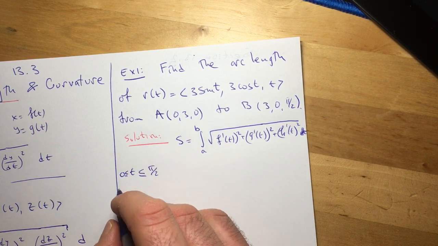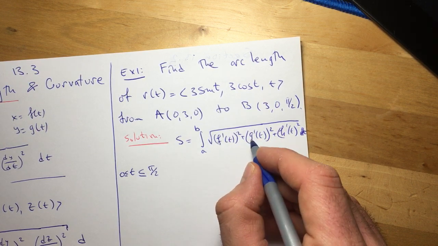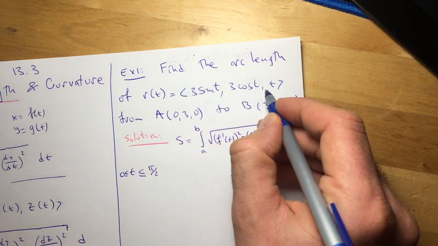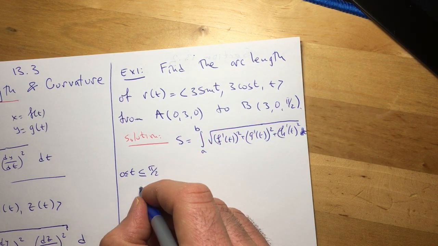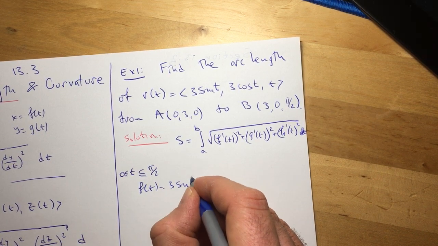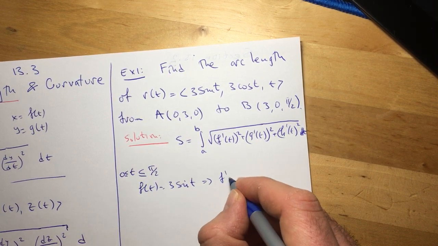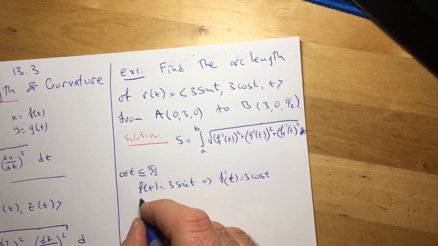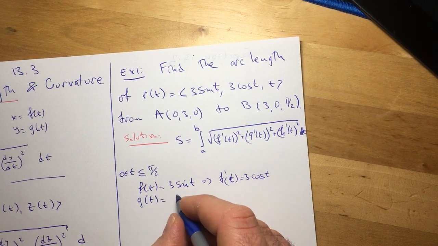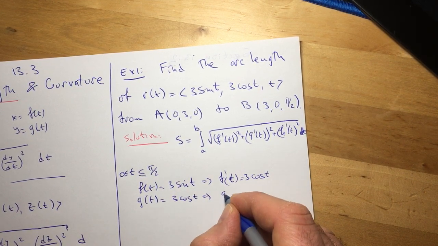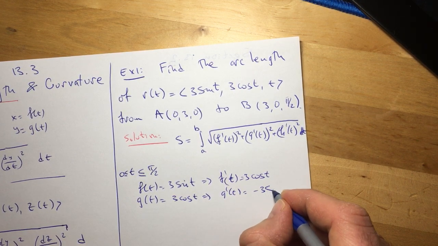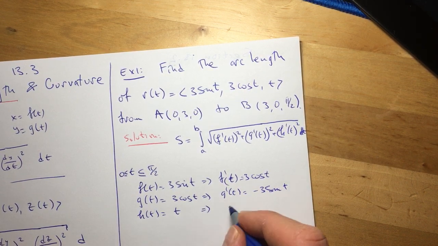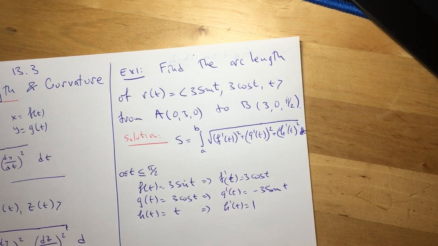Next thing I want to do is find f prime, g prime, and h prime, right? Those f, g, and h correspond to the components of the vector function. So f of t is equal to 3 sine of t, which means that f prime is equal to 3 times cosine of t. g of t is equal to 3 cosine of t, which means g prime of t is equal to negative 3 sine of t, and h of t is equal to t, which means that its derivative is equal to 1.